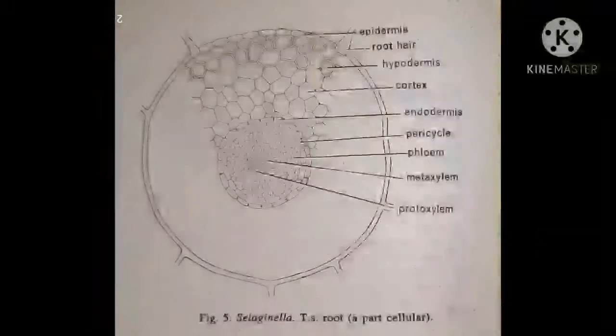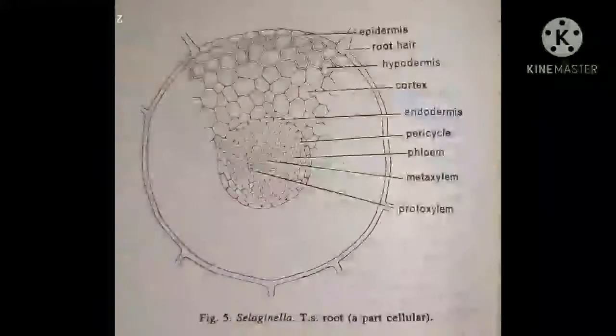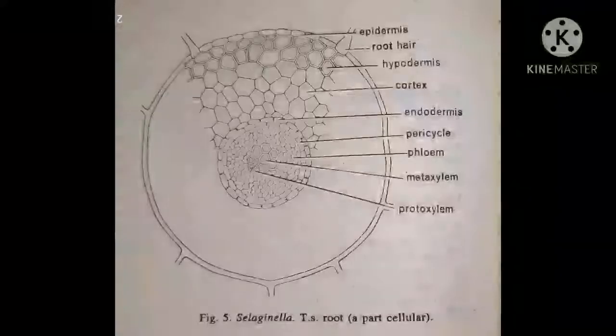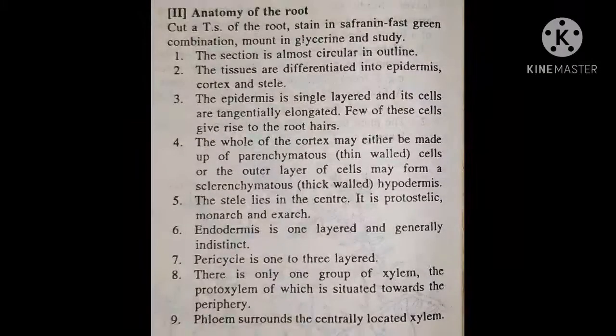The cells of the hypodermis are sclerenchymatous and thick walled. Otherwise, the remaining cortex is parenchymatous, thin-walled cells. The stele is present at the center, that is, a protostelic condition. At the center there is xylem, and that xylem is surrounded by phloem.